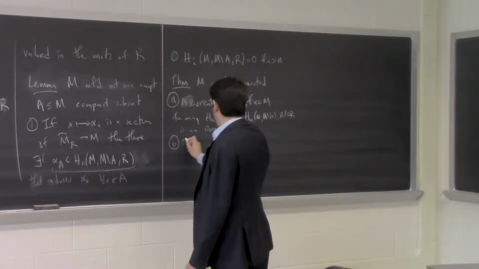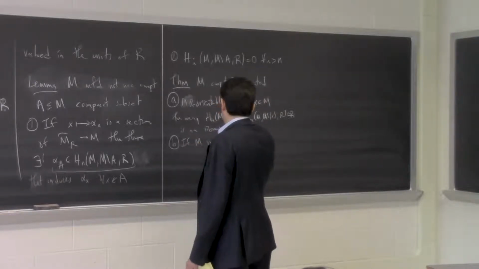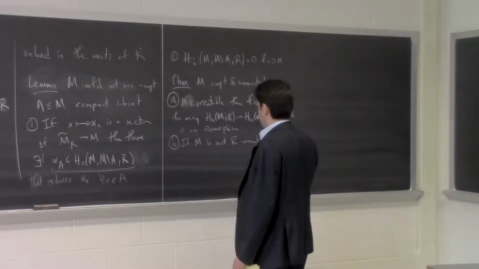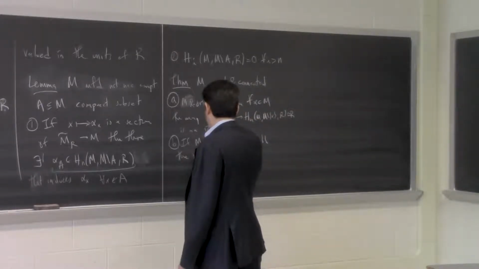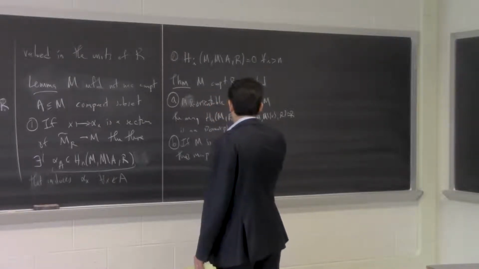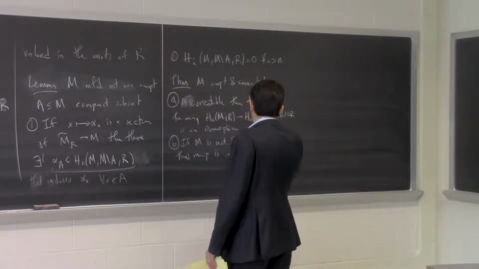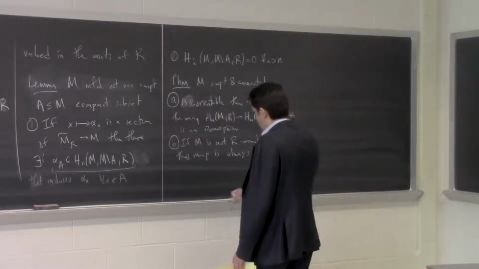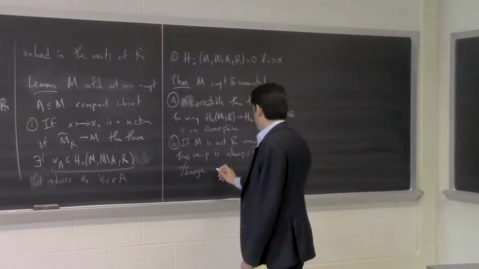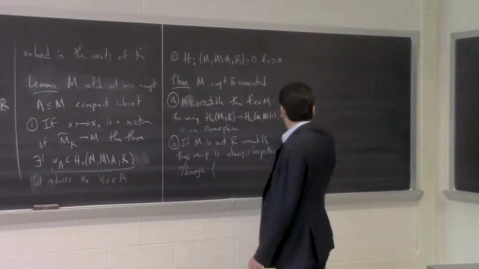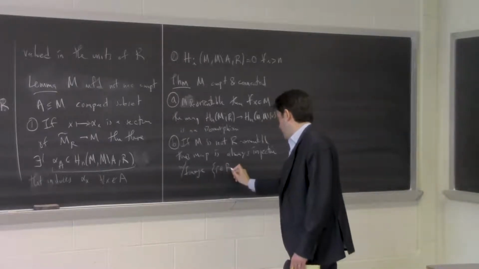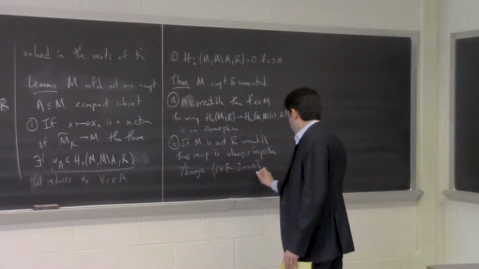B, if M is not R orientable, then this map is always injective, with image a subset of the ring R, consisting of all of those elements in R such that 2r is equal to 0.